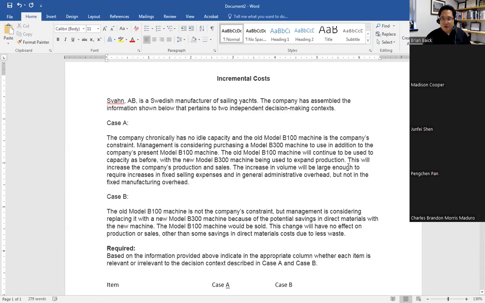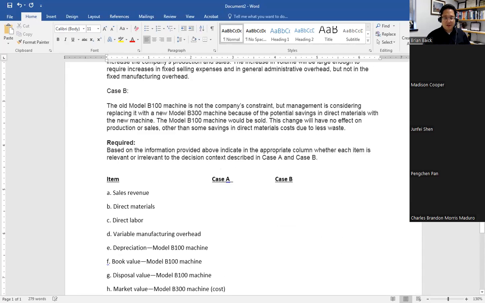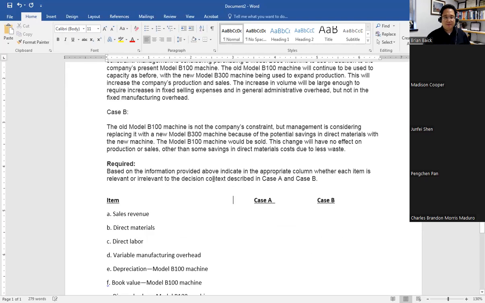I know this is the first time you're seeing it, so we'll go ahead and read it together. We have two different cases here, case A and case B. For each case, we have different items, and for the items, we have to put either relevant or irrelevant, important or not important.